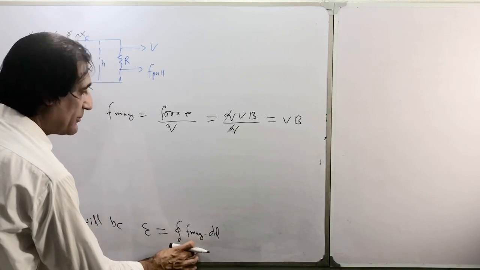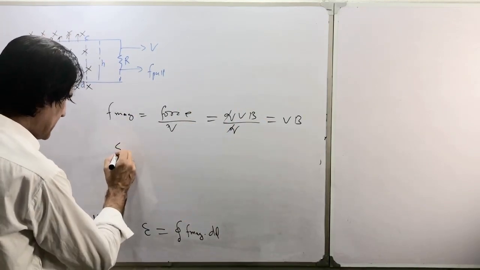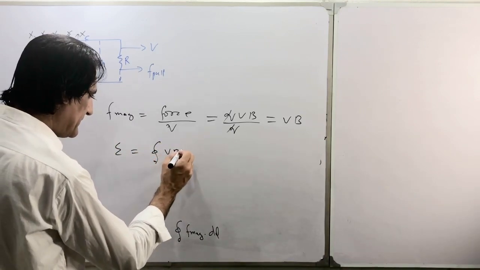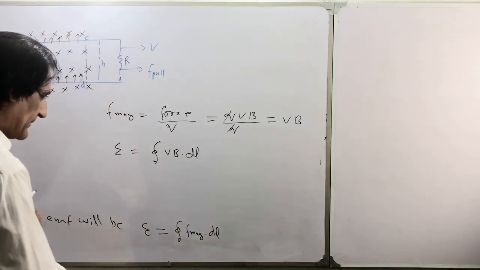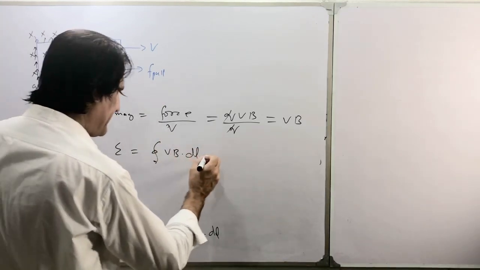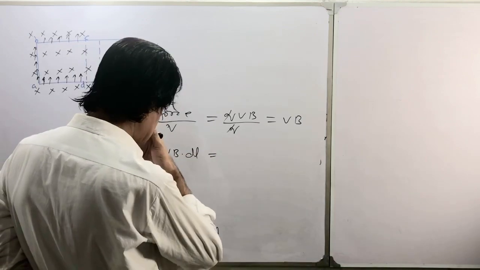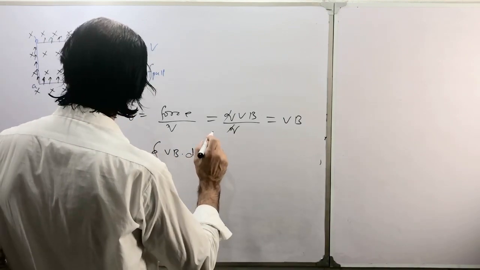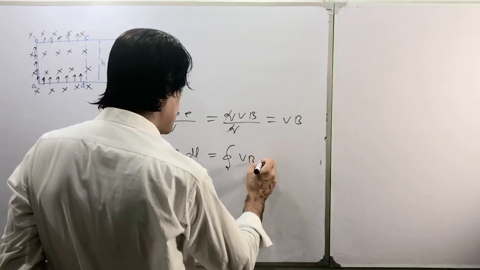So we can put this value in the equation. EMF must be equal to vB dot dl. And further, the angle between these is vB dl.